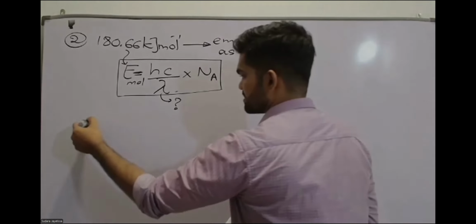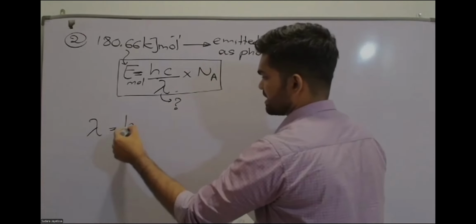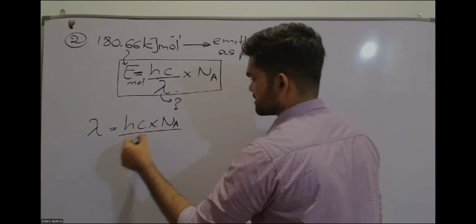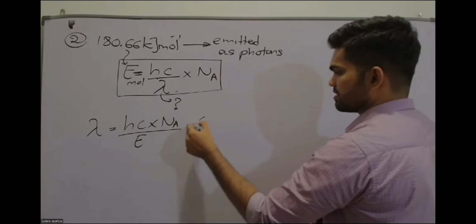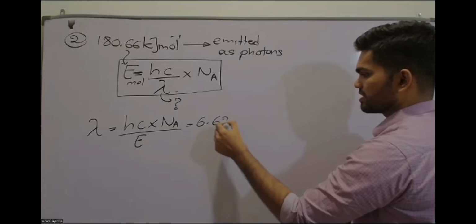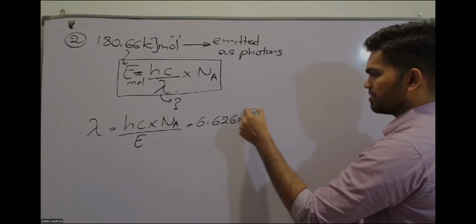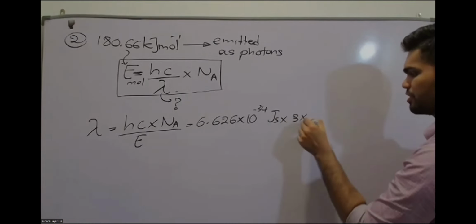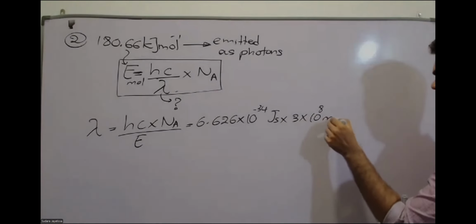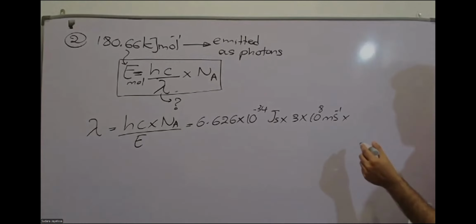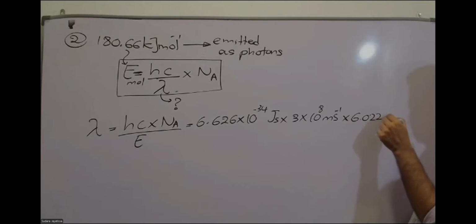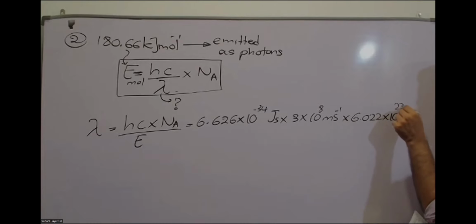First let's make lambda the subject, and you can write hc into Avogadro's constant over energy. Let's apply them: 6.626 into 10 to the power minus 34 joule seconds, and 3 into 10 to the power 8 meters per second, and Avogadro's constant 6.022 into 10 to the power 23 per mole.